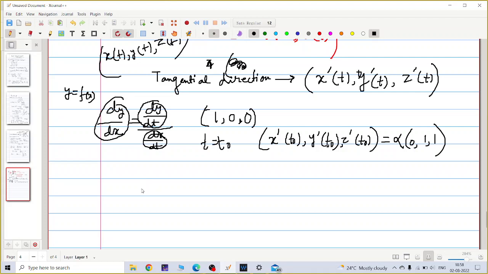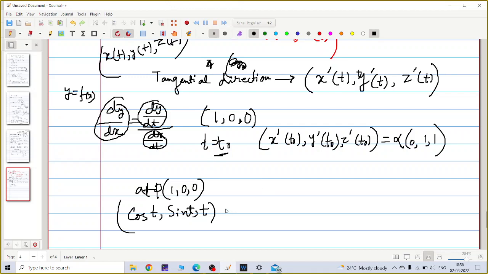So at P equal to 1, 0, 0, what do you get from option A? Option A is cos t, sin t, t. For what t, when I say t equal to t0, will this equal 1, 0, 0?